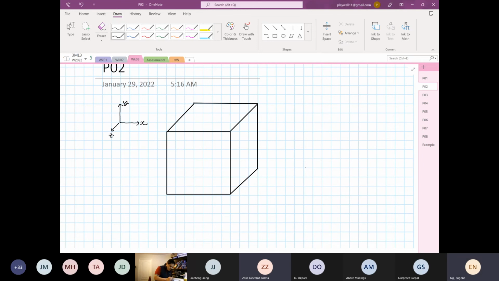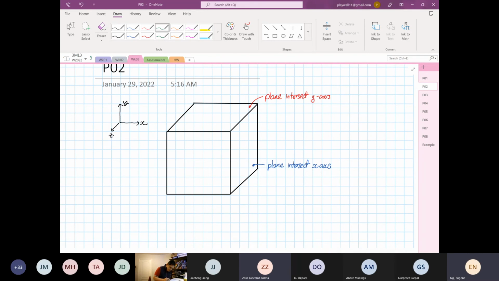Okay, so for the first one, this over here is the plane intersect x-axis. You can see that, right? Over here, the plane intersect y-axis.